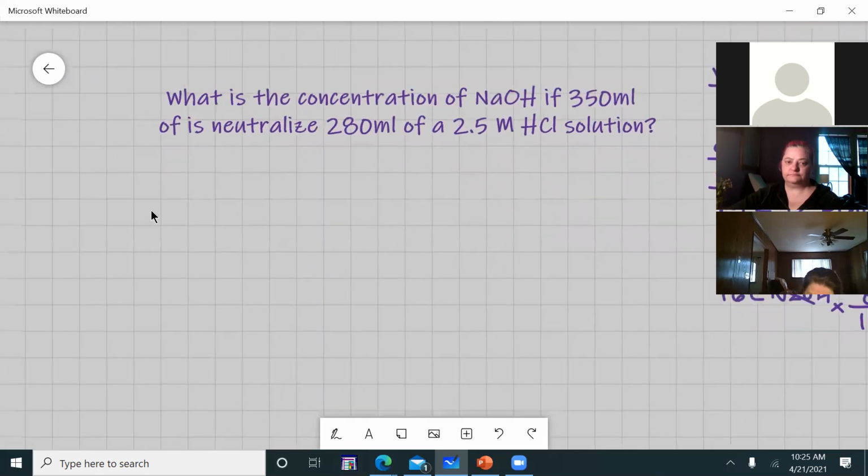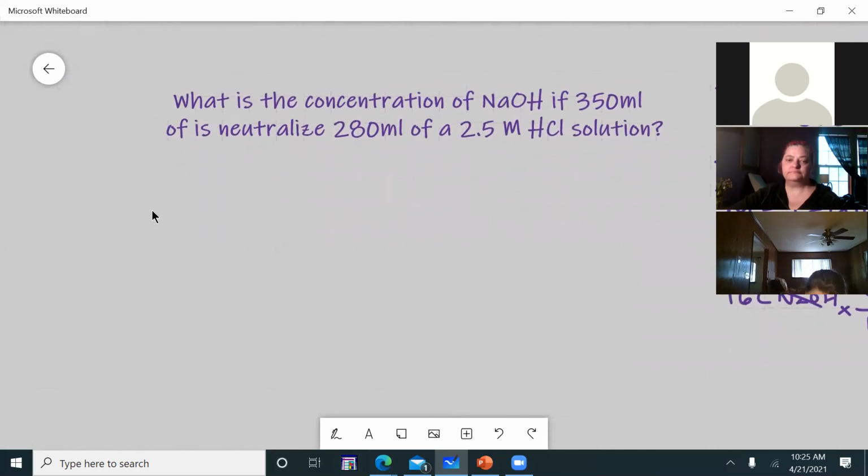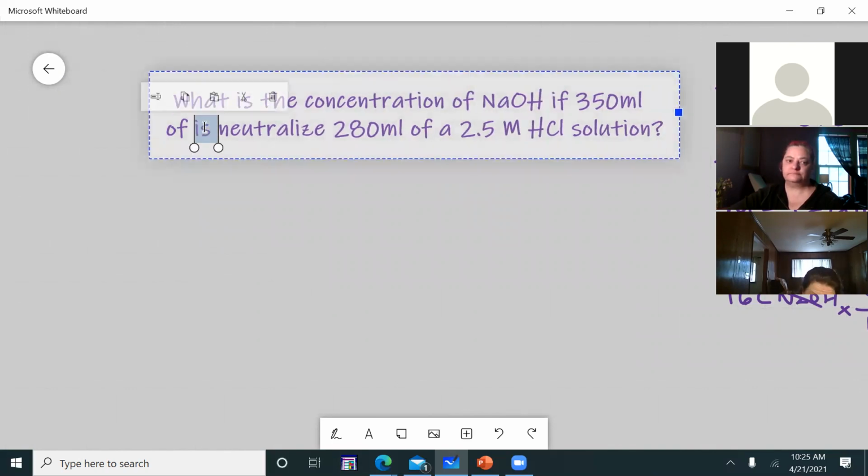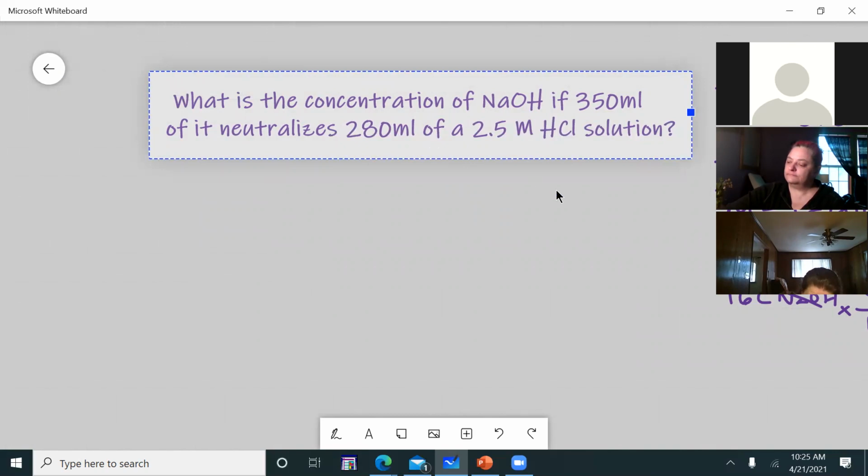Let me reread it, make sure it makes sense. So what is the concentration of NaOH if 350 milliliters of it neutralizes 280 milliliters of a 2.5 molar HCl solution? Okay, yes. So that is our problem.